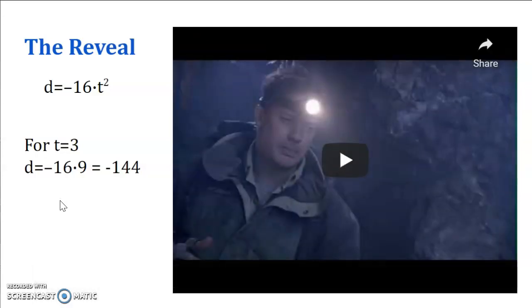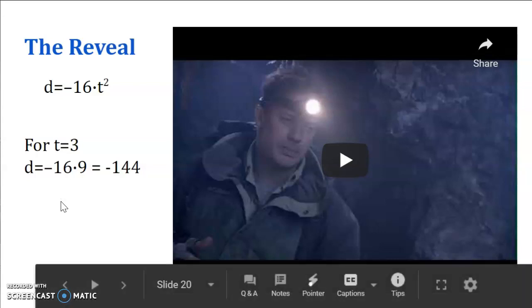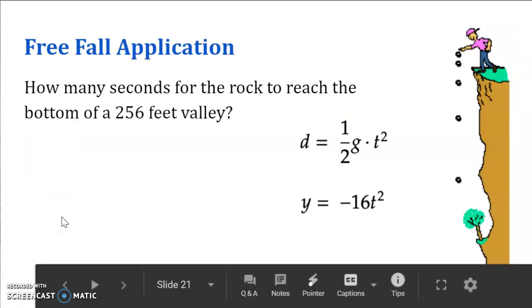Okay, so what do you think? He was not quite correct, was he? He was off by 56 feet.